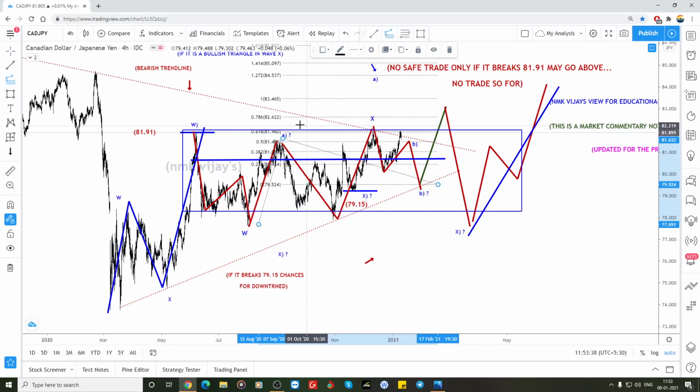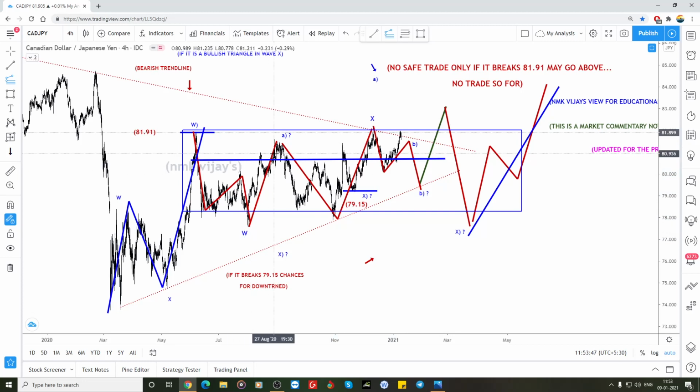It has to form here, so nearly 86.60. You need to exit. So then what will be there? A. So the whole thing becomes a B and a C. After that, whether the X wave is completed here, we need to be only on the downside.